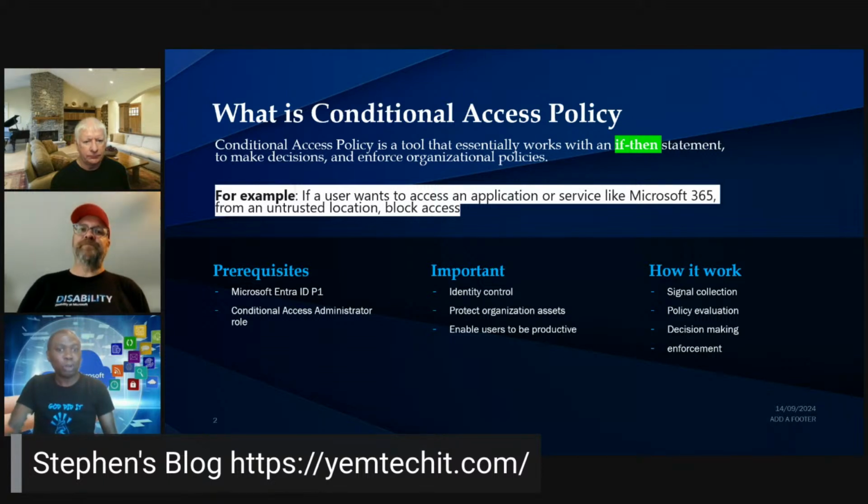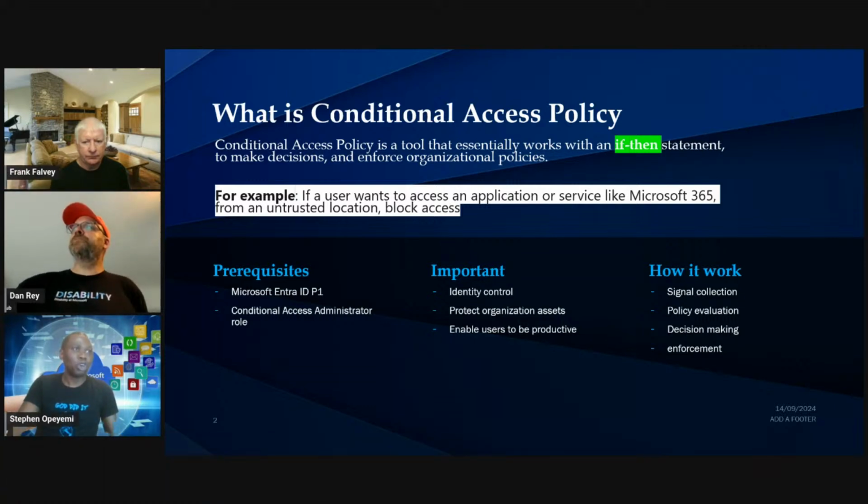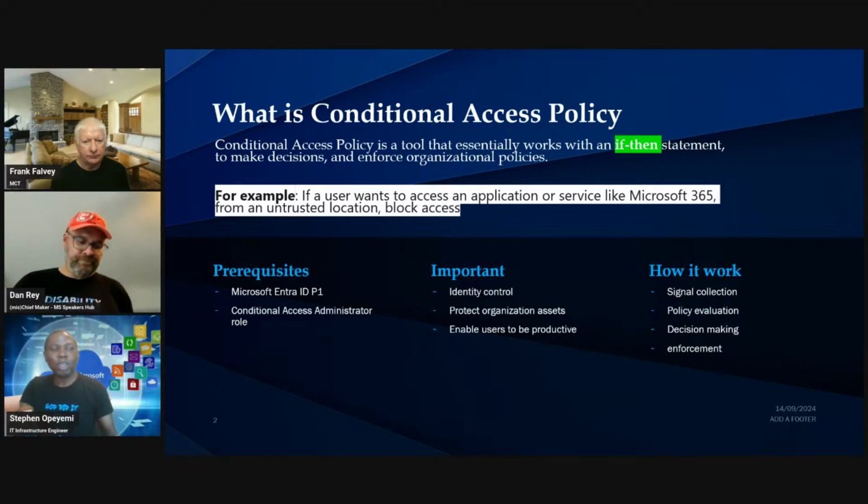If a user knows that the company policy is blocking a particular location, they will not leave their country. They can work from where they are as long as they're working from home. So it helps them be productive.